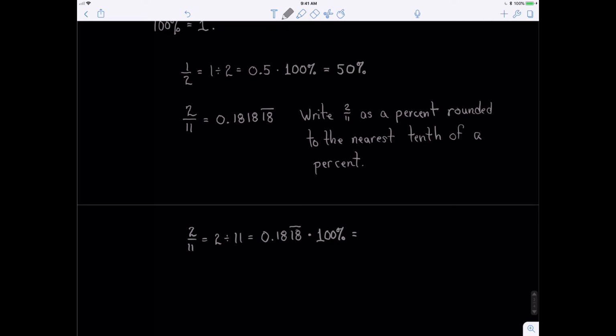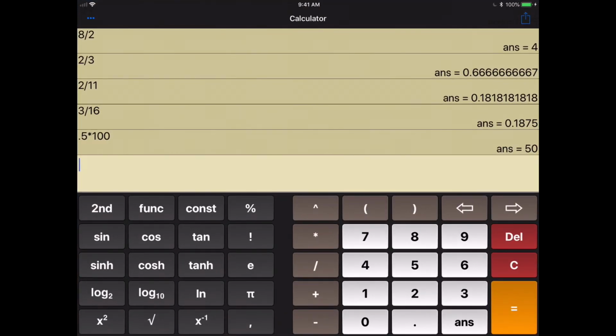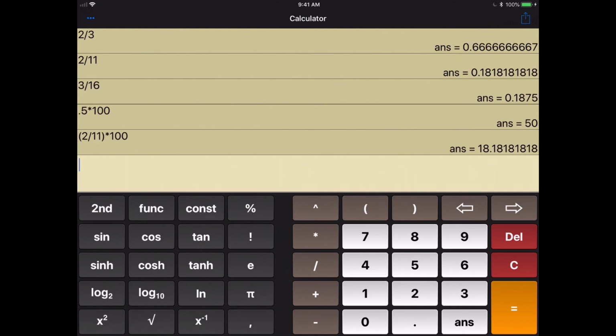Let's go back to our Good Grapher, and we're going to take 2 and divide it by 11. I'm going to put parentheses around the 2/11, for reasons we'll see later. Then let's multiply that by 100 and see what happens. Look at what we get: 18.181818, and so on.